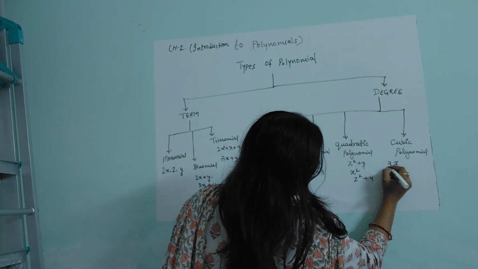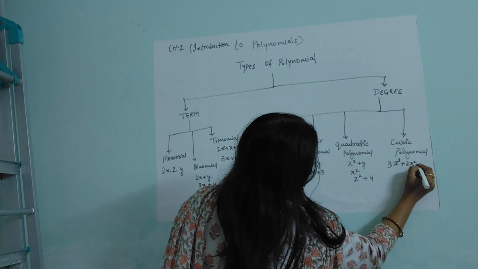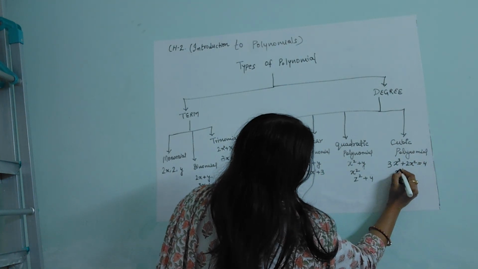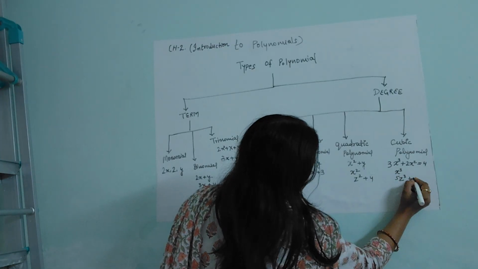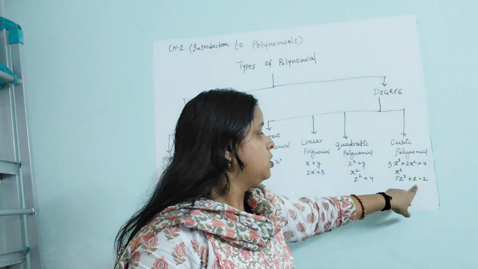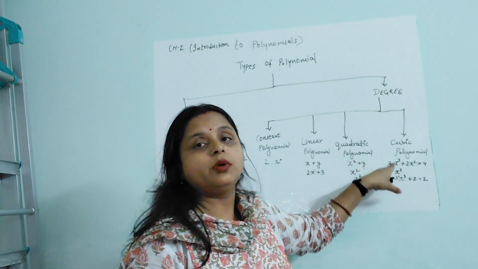Suppose 3x cube plus 2x square equals 4. It could be x cube only, it could be 5z to the power 3 plus z equals 2. So the highest degree of the variable is 3. So this would be a cubic polynomial.